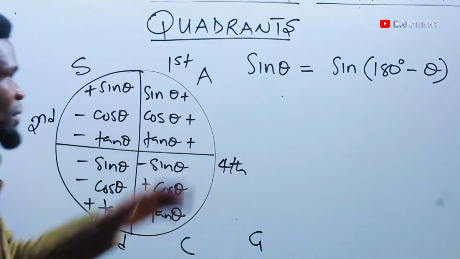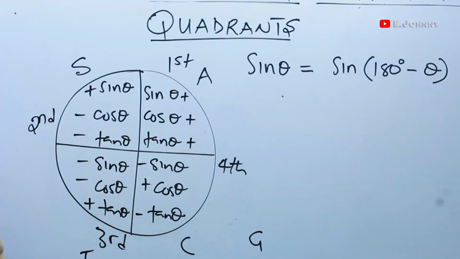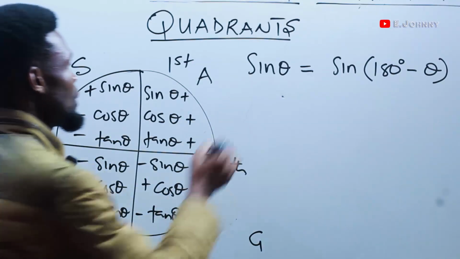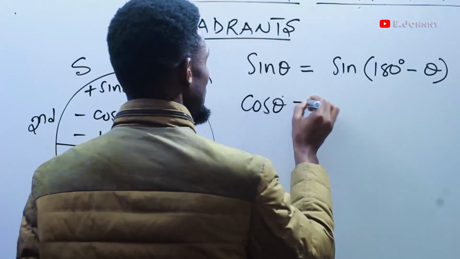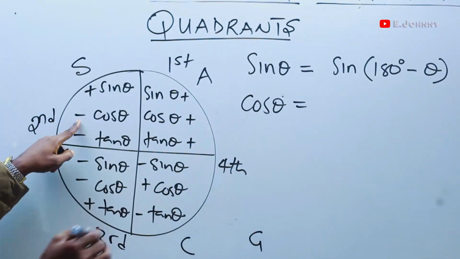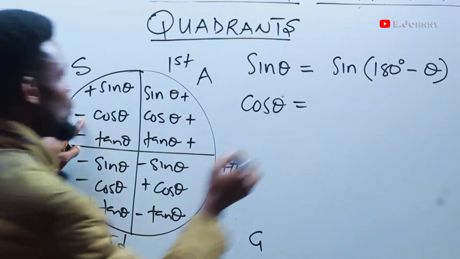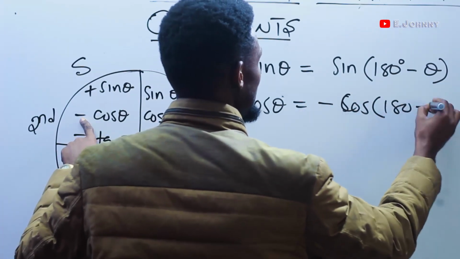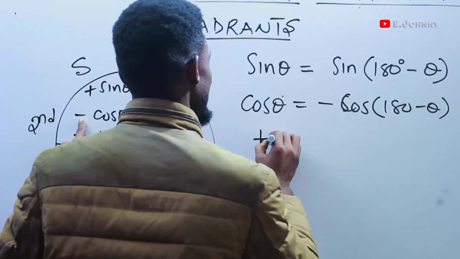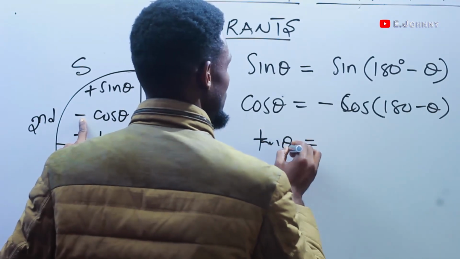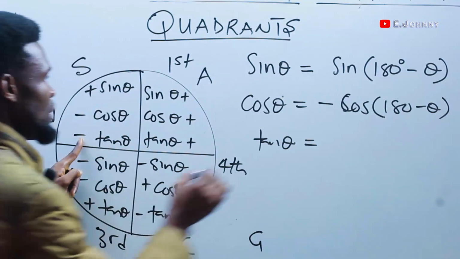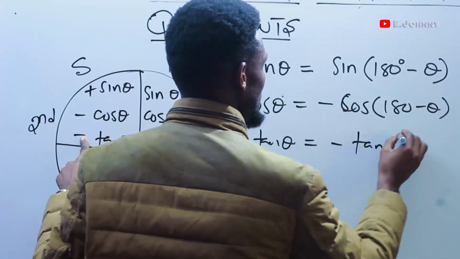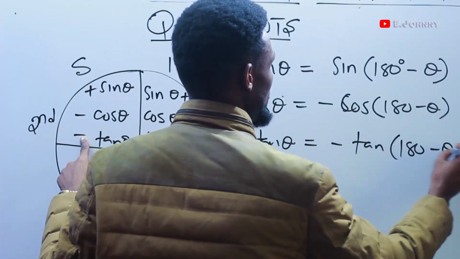You must know this and you must have it at your fingertips. That means that cos theta in the second quadrant will be, cos is negative, so you're going to have minus cos into 180 minus theta. Whereas tan theta in the second quadrant, tan is negative, so it will be minus tan into 180 minus theta.